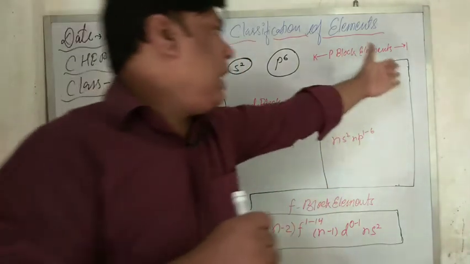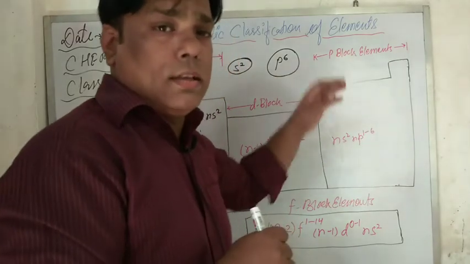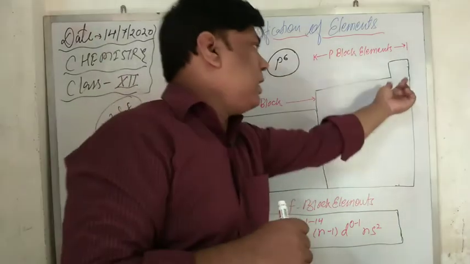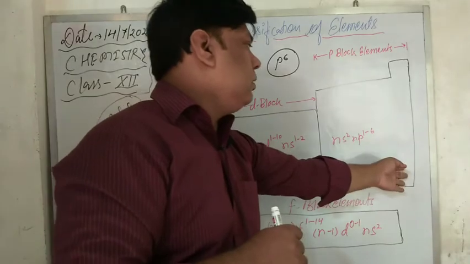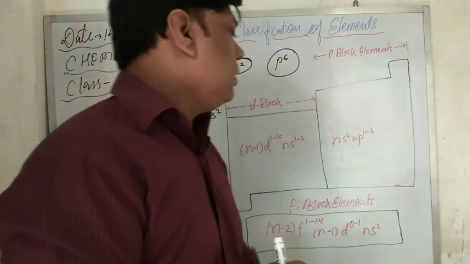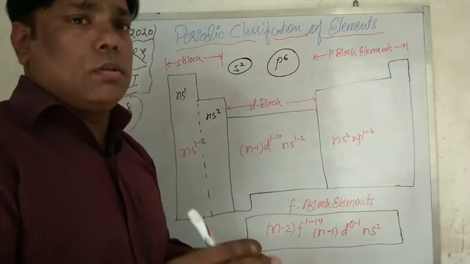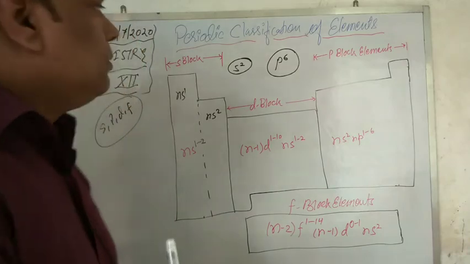The last group, group 18, is called noble gases or inert gases, and they have completely filled last orbitals.